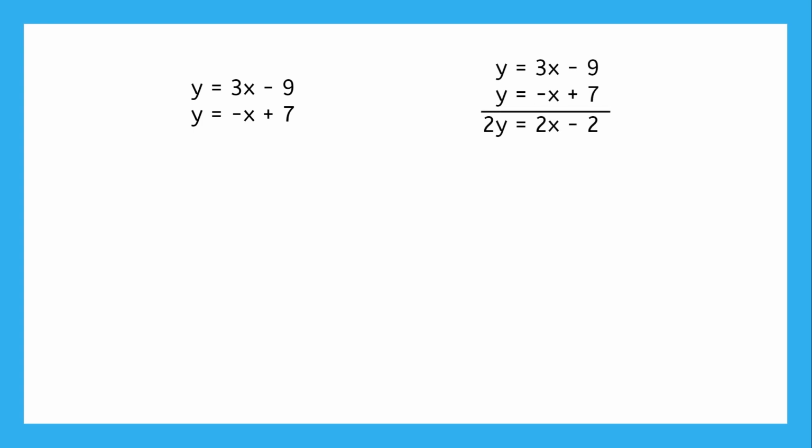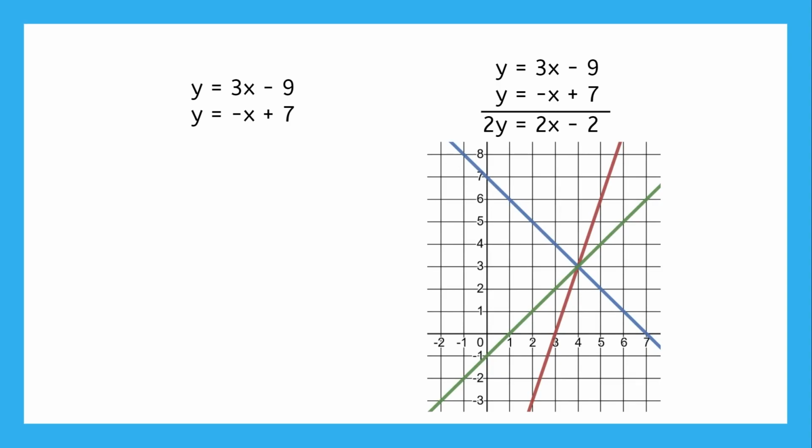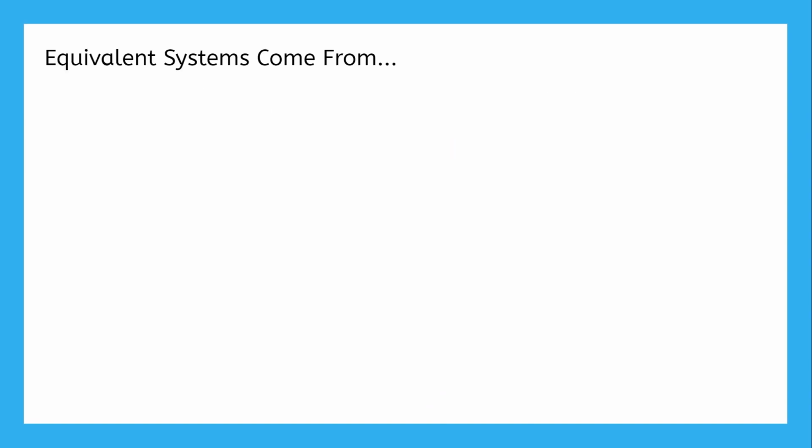Nothing was eliminated, but it still has the same solution, and it can still be used to create an equivalent system, along with the first equation or with the second equation. All three of these systems have the same solution and are equivalent because one of the equations came from combining the other two.